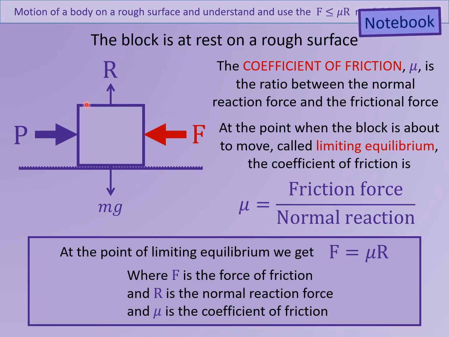You could do an experiment, you could find the coefficient of friction between the wax block and the stone surface. That coefficient of friction is just a number, just a value, and it will be the same for any wax block on that stone surface. So you can calculate your mu value, and once you know your mu value, you can always calculate your friction once you know your R value.